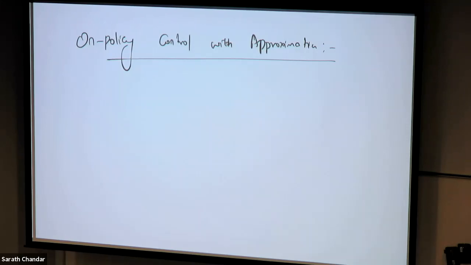Now, how do we convert all these gradient methods to control? It's really simple. The first step, as usual, is to change from state values to action values.